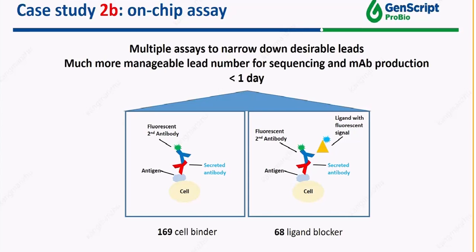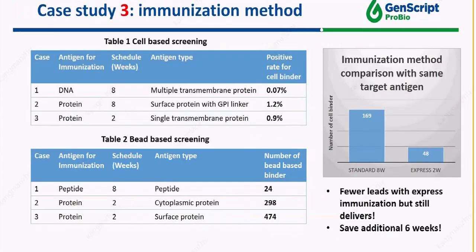For example, in this particular case, we got 169 cell binders, which would be a pretty daunting number of leads for sequencing and mAb production. But with the second assay, we were able to identify ligand blocking activities, and we narrowed down the number of desirable leads from 169 to 68.